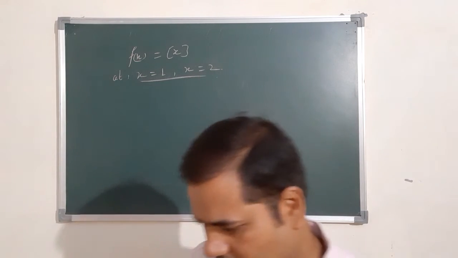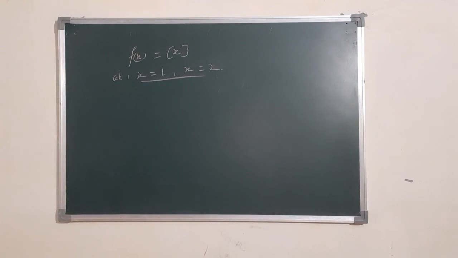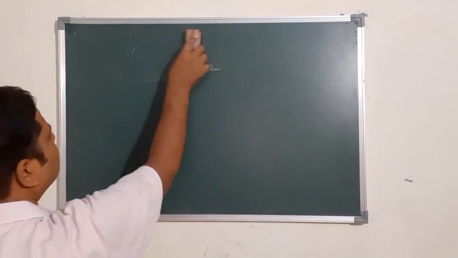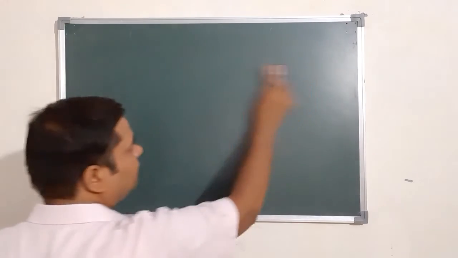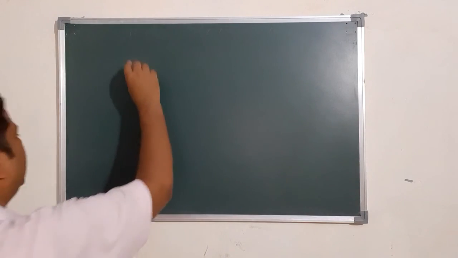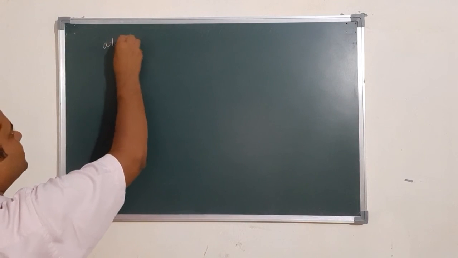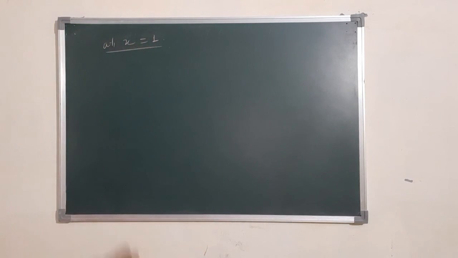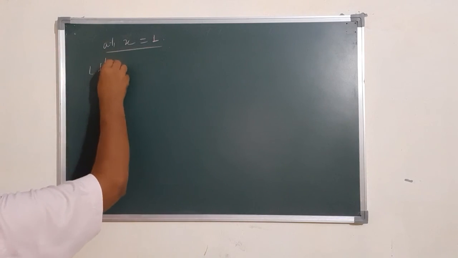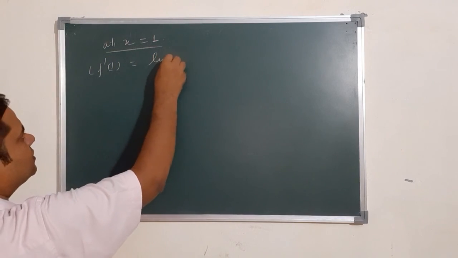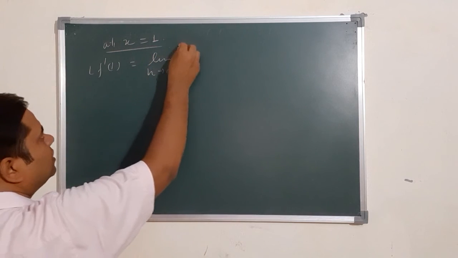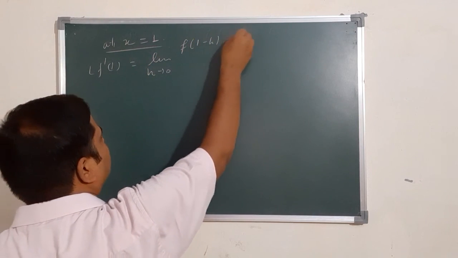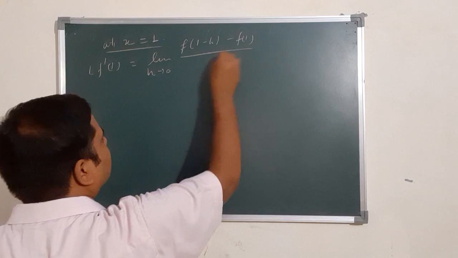So first of all we are going to see at x equal to 1, then at x equal to 2. So see, as you know the bracket function very well, it is the greatest integer less than or equal to x. So at x equal to 1, if we find LHD, Lf'(1), then you know very well this is limit h tends to 0, f(1 minus h) minus f(1) divided by minus h.